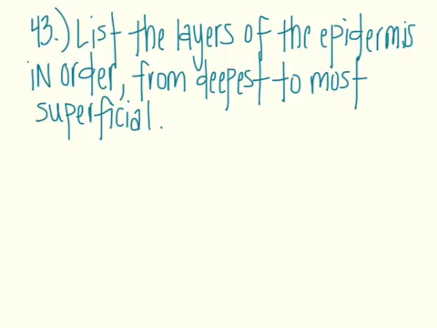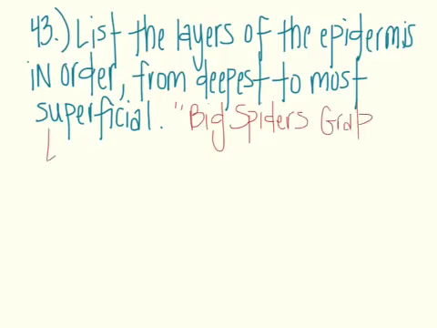Question 43 asks you to list the layers of the epidermis out in order from deepest to most superficial. So this is when you need to remember the acronym BIG spiders grab little children. Okay, so this is an acronym that's going to help you remember them from bottom, or the deepest, to the top.